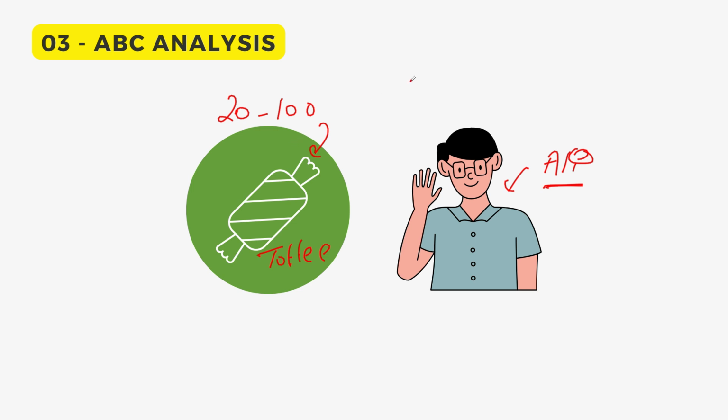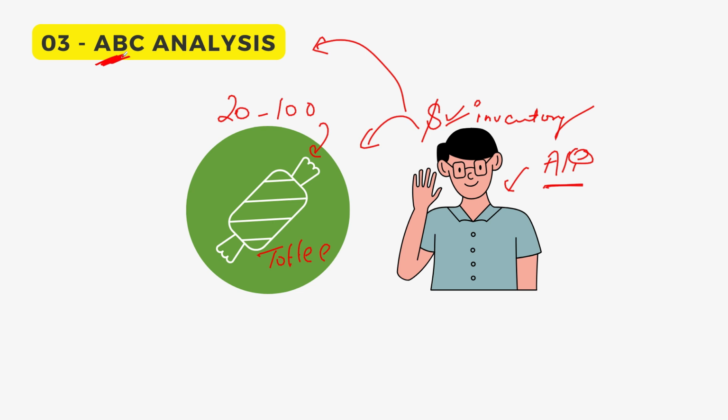Recognizing that the toffee business is competitive and that he has invested heavily, Ali found a method to streamline his inventory management through ABC analysis. Obviously, he wants to make more income, but at the same time maintain his inventory also. So for this, he is taking ABC analysis as his tool.